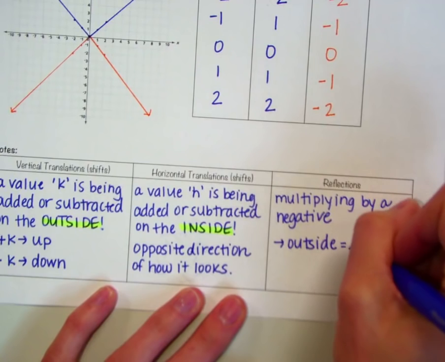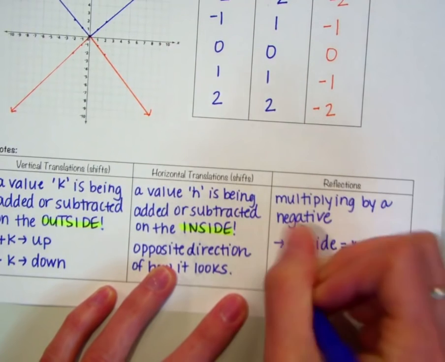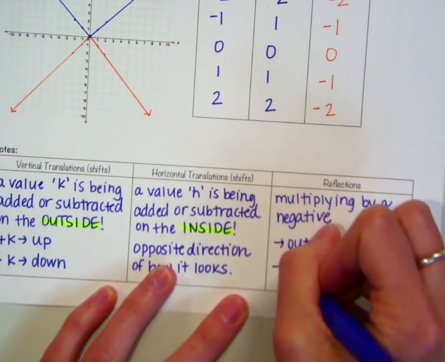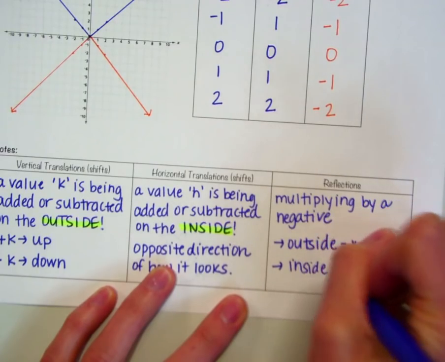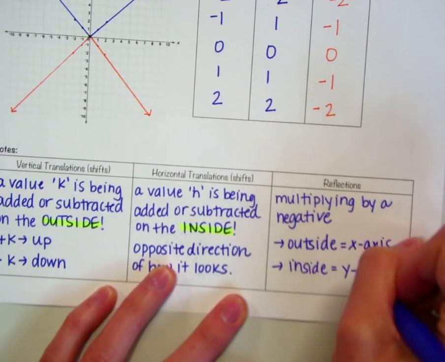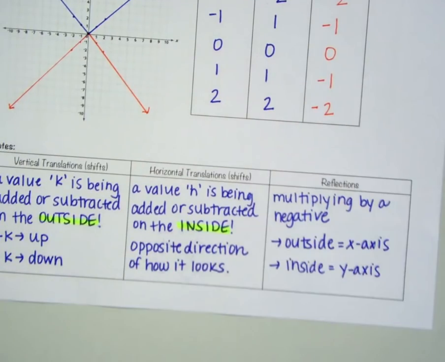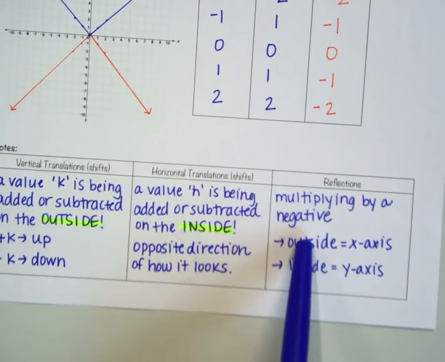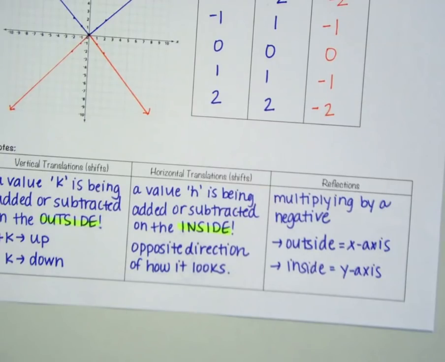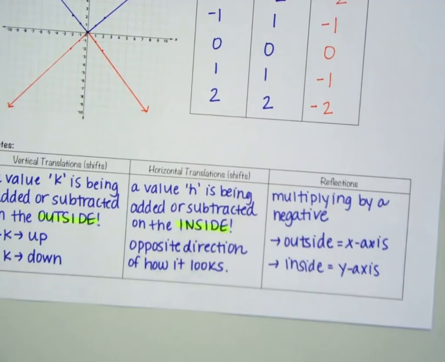When you're multiplying on the inside, you would be reflecting across the y-axis. But again, if you see it outside parentheses or if there are no parentheses, then that's an outside change. We're going to be looking mostly at those.